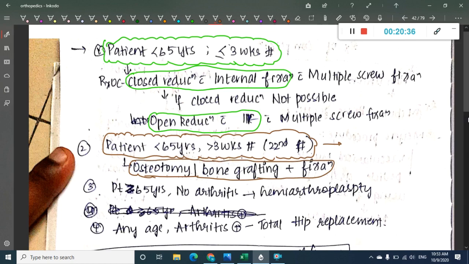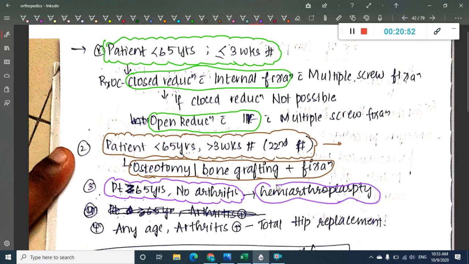That is the second. The third clinical scenario is where the patient's age is more than 65 years and there is no arthritis. Then you can do hemiarthroplasty. Then if the patient is of any age, whether younger or older, but has arthritis, then you cannot do any type of fixation.